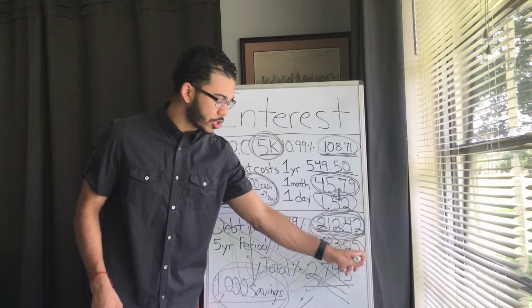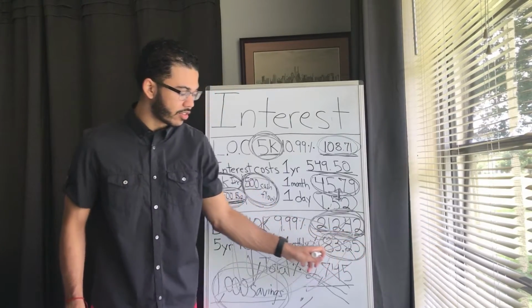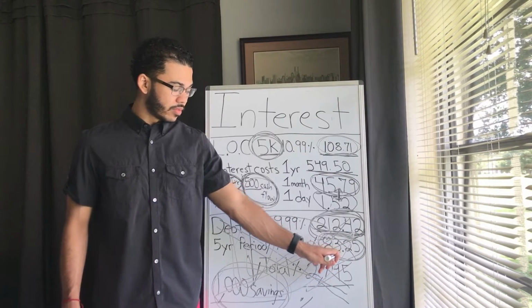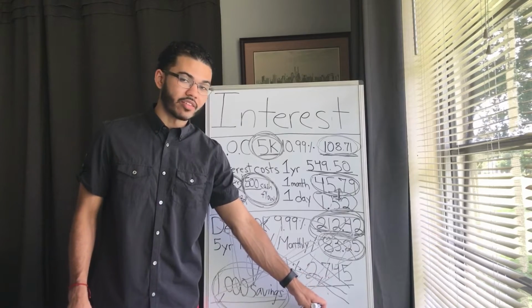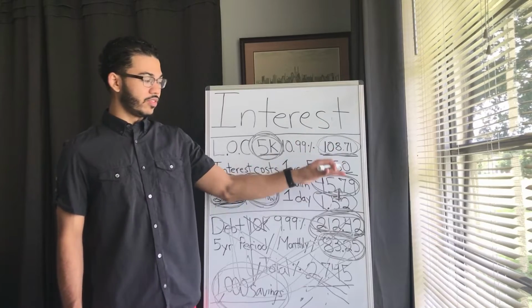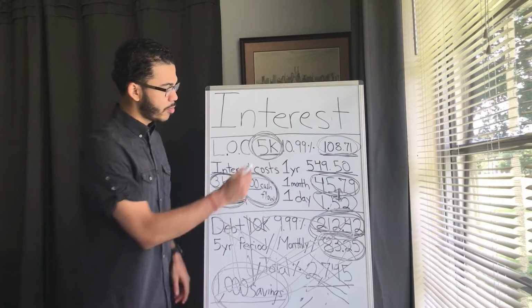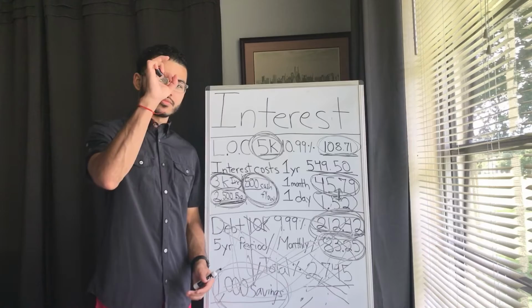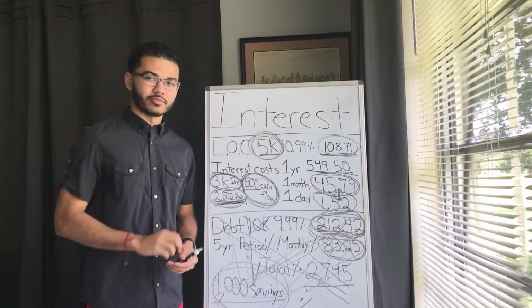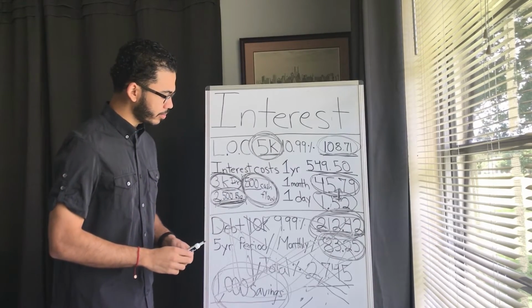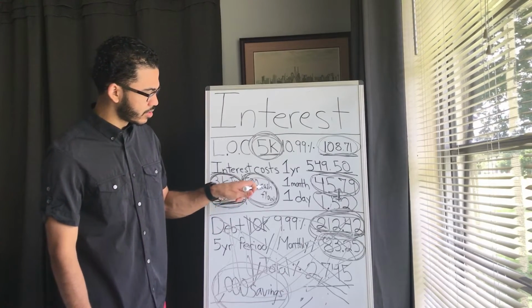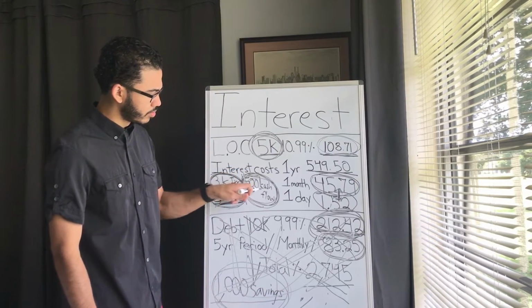Because if I'm not paying interest over here, if I cut that number in half, I cut the total number in half, I cut this down even less. Now my cost of borrowing becomes nothing, minimal, nothing, right?